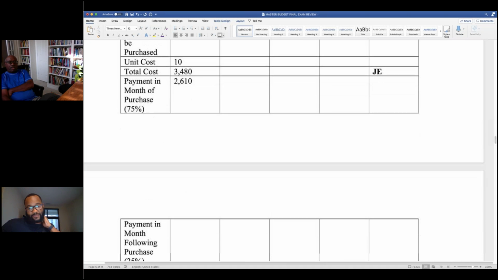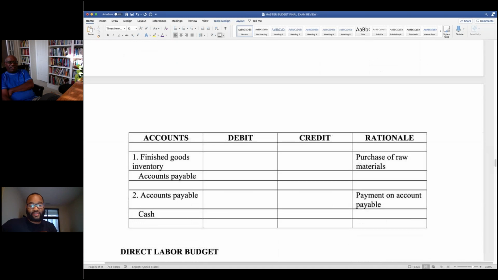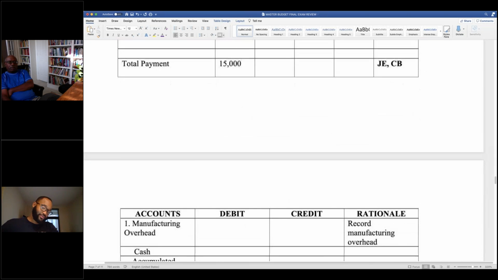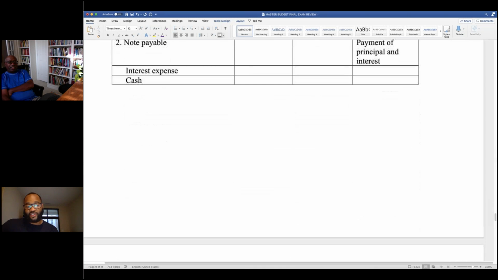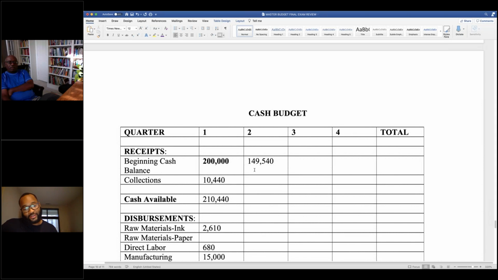Bring it to the top. I mean, copy and paste it to the thing down below, to the cash budget, so we can get ready for our journal entries later. 35, what was it, 115 you said? 115, yeah.